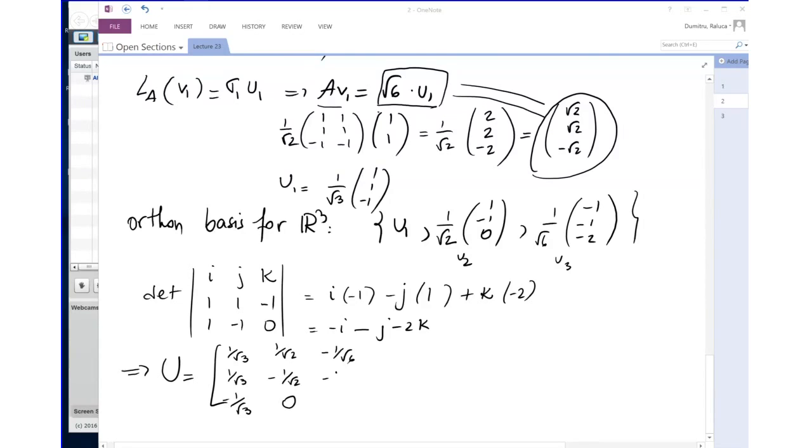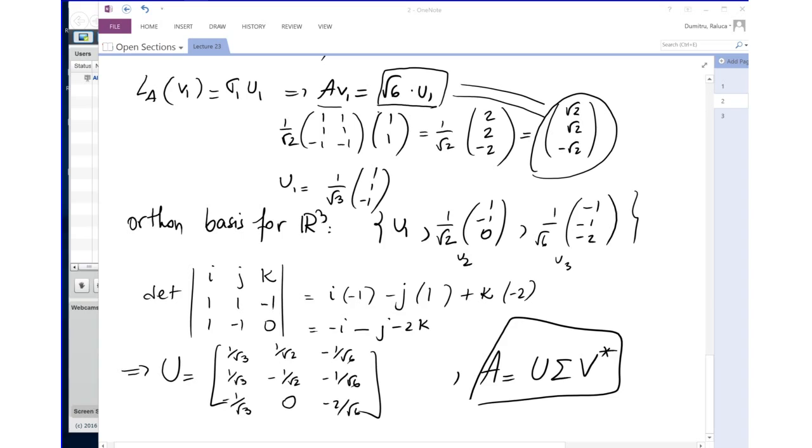U3 is -1 over the square root of 6, -1 over the square root of 6, -2 over the square root of 6. And with all those matrices defined, nobody will want to check, but this is what will happen. If you compute the product between those 3 matrices that we defined, U, sigma and V star, then you'll get back the matrix A.